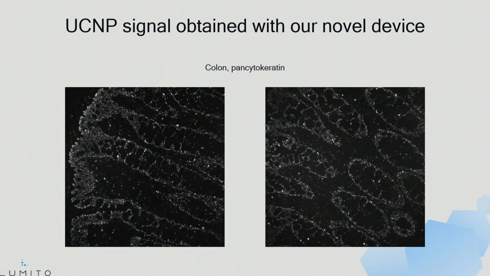Here you can see this is tissue from colon that we have stained with pan-cytokeratin, and you can see that you don't see the background, you just see the structures of the cells that we are looking for. So if there were no such cells that we were looking for, then these images would be completely black.